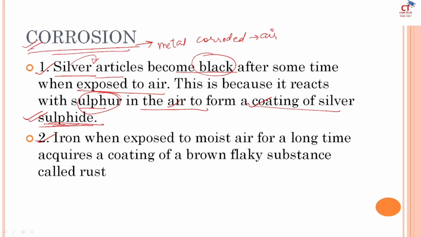Similarly, iron when exposed to moist air for a long time becomes a black-brown flaky substance known as rust. We have seen that an iron nail exposed to a humid atmosphere rusts. Why?